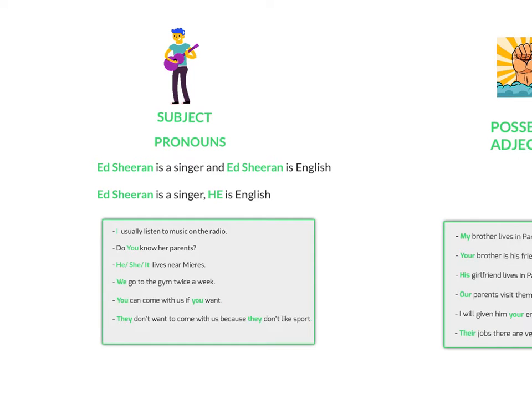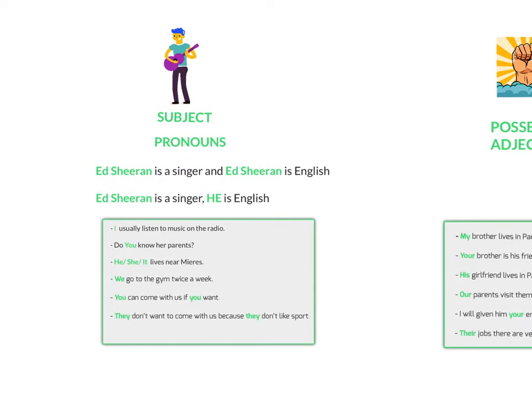So we replace the words Ed Sheeran in the second part of the sentence by the pronoun he, that corresponds to the third person singular masculine. So we don't repeat the words Ed Sheeran again, and this sounds quite natural.